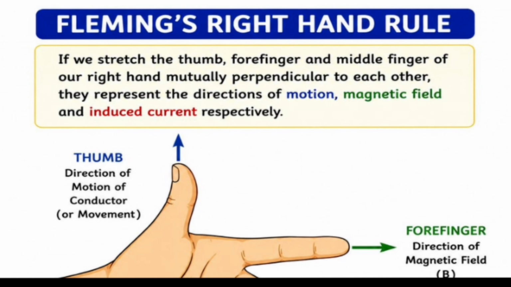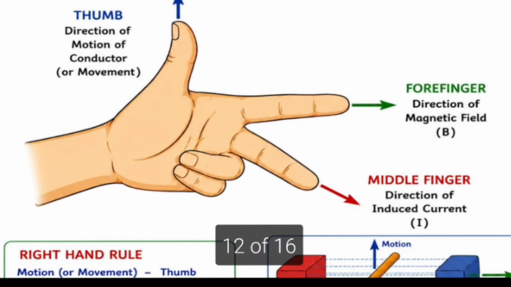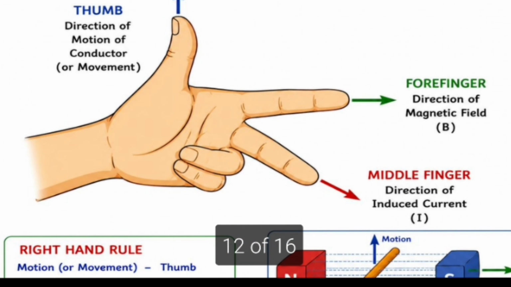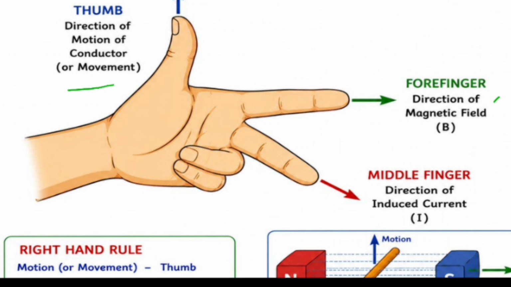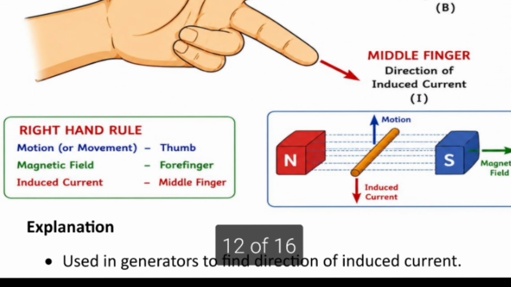So this is Fleming's right hand diagram. You can see the diagram here. The thumb represents the direction of motion of the conductor, forefinger the direction of magnetic field, and middle finger the direction of induced current.